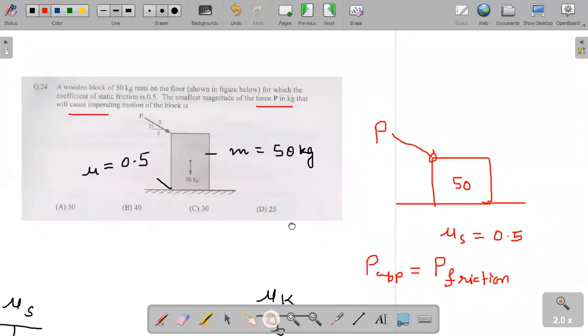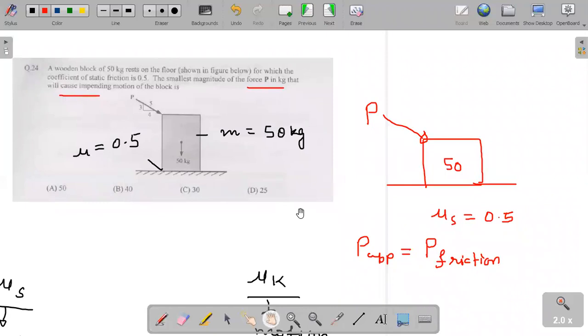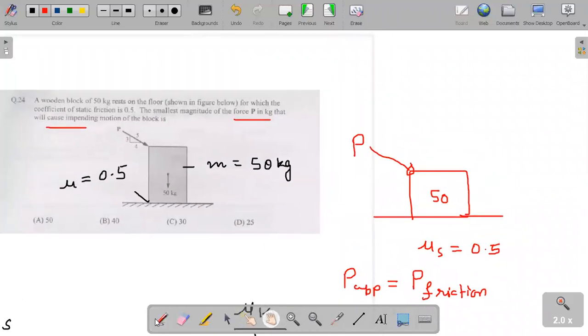So in this case, what is the normal force? अच्छा ये बताओ, ये एंगल कितना होगा? What will be this angle? Tan inverse 3/4.